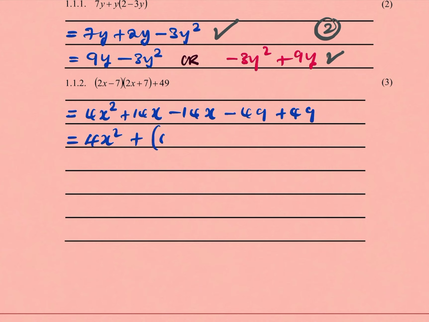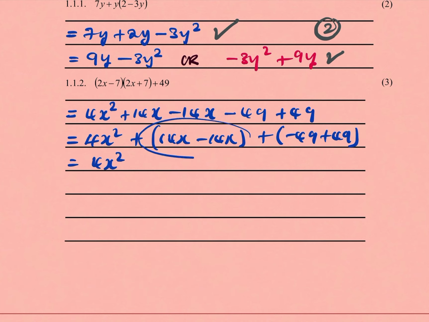And if you group 14x minus 14x, and then minus 49 plus 49 there, you're going to get 4x squared. And then this one here is going to give you guys a 0. And then minus 49 plus 49 is still a 0.